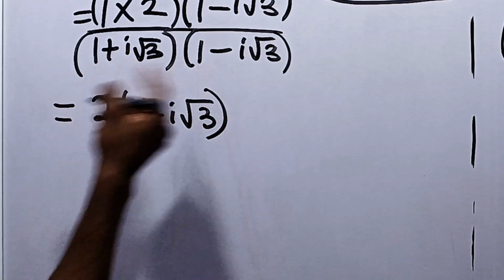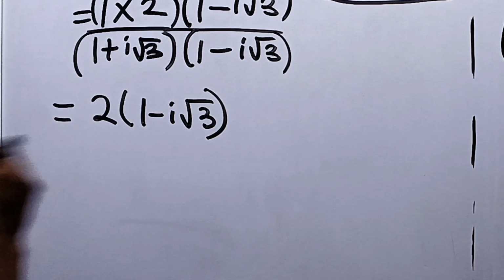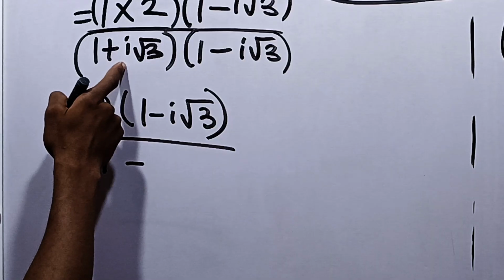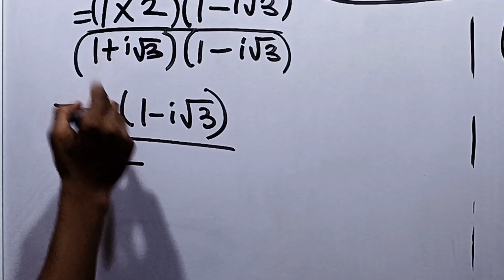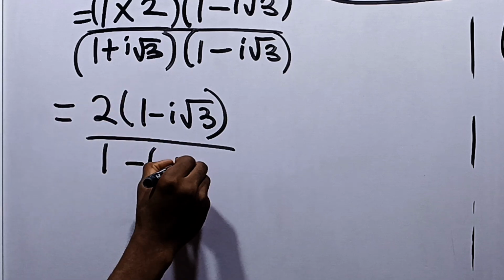Now the denominator is a difference of two squares. So we have 1 squared is 1, minus i squared is minus 1, times root 3 squared is 3.